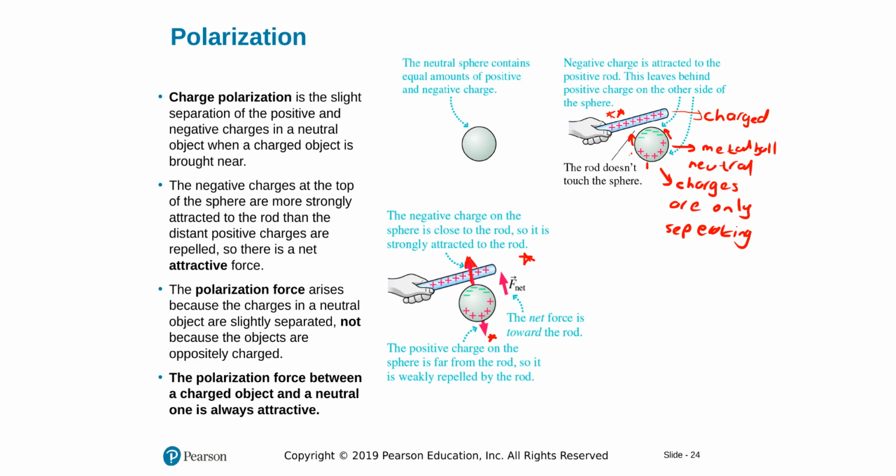So overall, this rod coming close to the metal ball will first do the charge separation, cause the polarization, and then attract the metal ball. So first polarization, then attraction, which is why we say if we have a charged object and a neutral object, they will attract each other. Come close, attract.